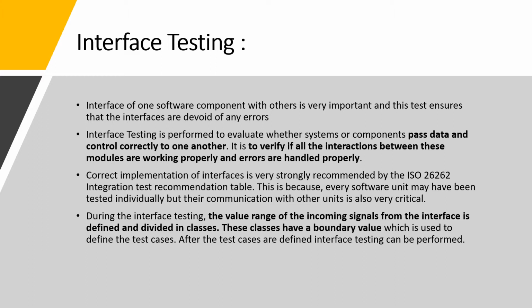We also do interface testing at the unit level, to identify issues before integration of the software. During interface testing, the value range of the incoming signals from the interface is defined and divided into classes. These classes have boundary values, which are used to define the test cases. After the test cases are defined, interface testing can be performed.